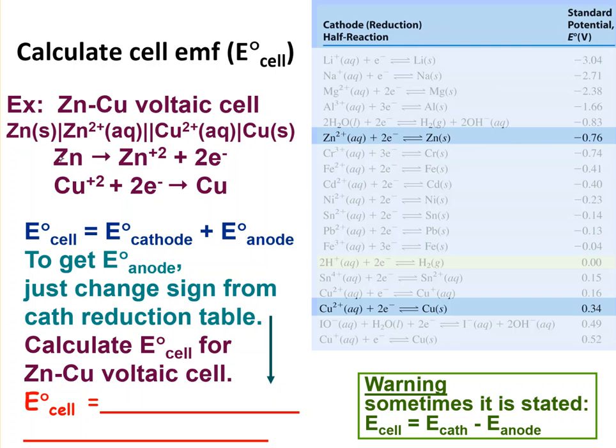The top one, going from 0 to plus, losing electrons, that is oxidation, and oxidation occurs at the anode. The other one is reduction, and it occurs at the cathode.